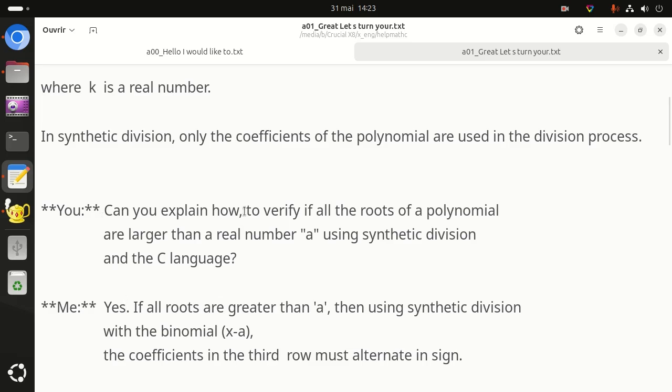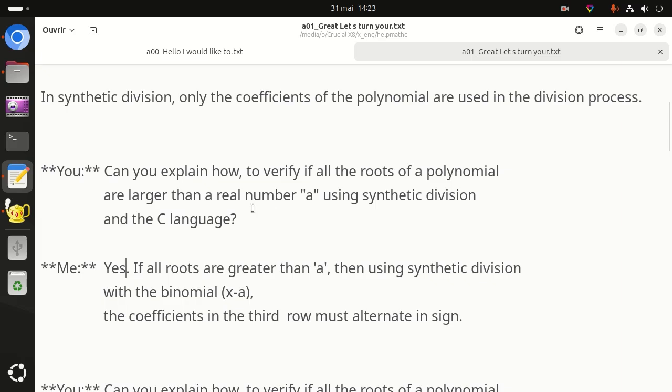Can you explain how to verify if all the roots of a polynomial are larger than a real number a using synthetic division and the C language? Yes. If all roots are greater than a, then using synthetic division with the binomial x minus a, the coefficients in the first row must alternate in sign.